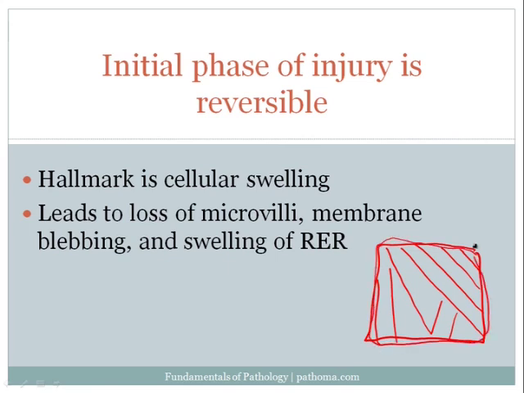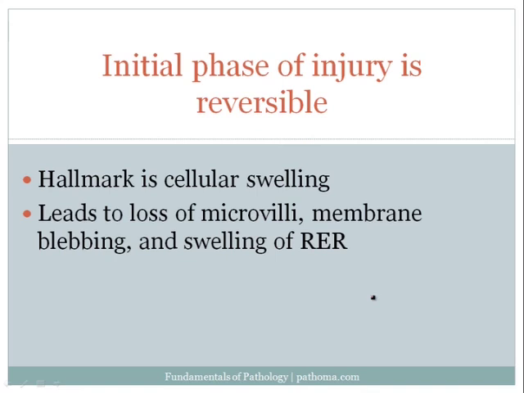Now, if there is excess water coming into the cell, then little blebs can form on the surface of the membrane as they pull away from the cytoskeleton, and that would be another sign of reversible injury. But again, what's the key principle? Cellular swelling. That's the hallmark. That's why I say that if you just understand cellular swelling, everything else is a consequence of that.